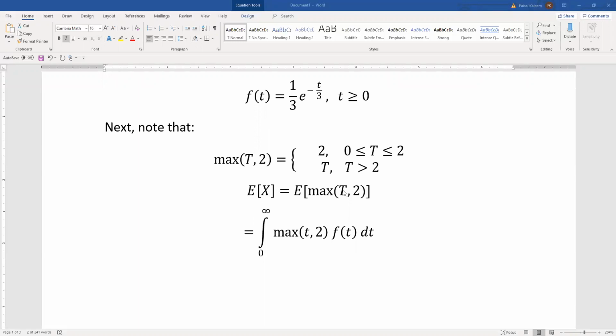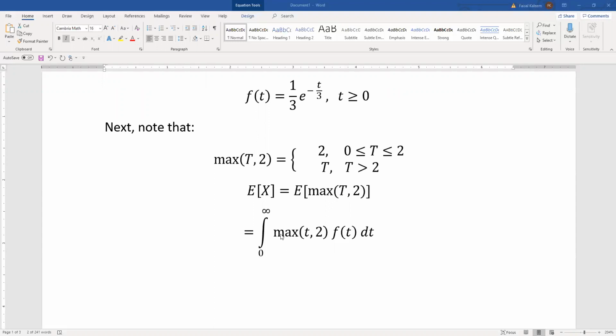Since we have T as the variable, to find the expected value of any function, you just integrate that function against the corresponding PDF. So we integrate the maximum of T and 2 against the PDF, which is f of t, from 0 to infinity.